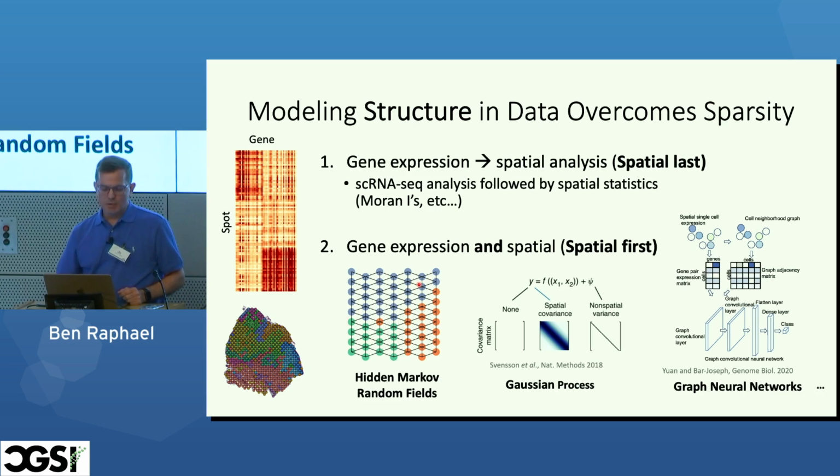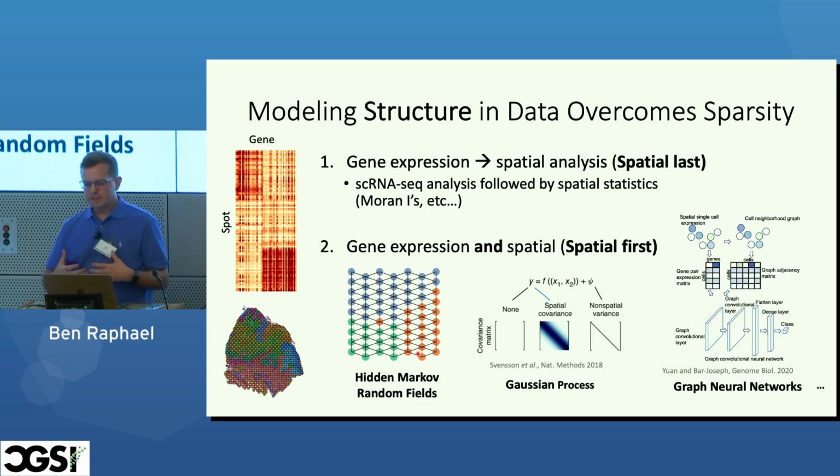So we can use models, like here a Markov random field, if we think of cell types, and each of the colors here is a cell type, and we think that maybe neighboring cell types tend to be near each other, and so we can model that through these correlations, or we might use Gaussian processes that model this type of correlation through the covariance matrix of the multivariate Gaussian, or as you saw yesterday, we might use neural network and graph neural network approaches that model the correlations between neighboring spots.